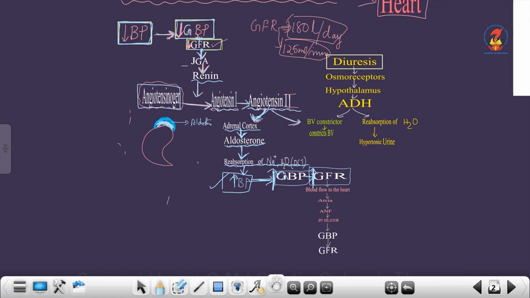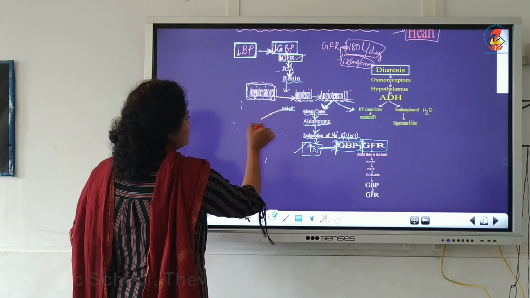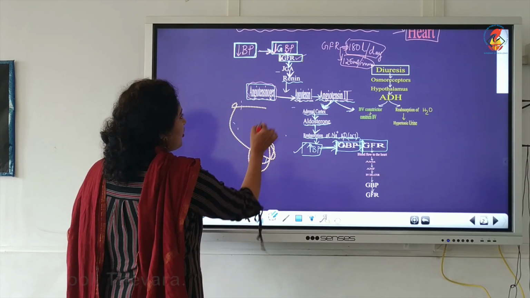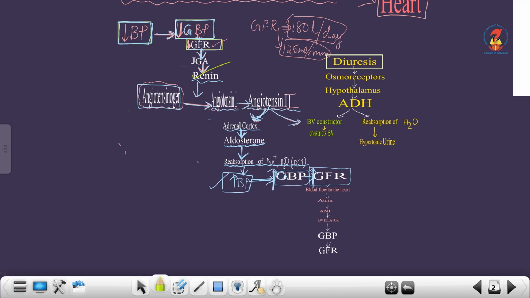So, I am going to continue further with pink color, which indicates the role of the heart. So, now this mechanism, so far what I took, which deals with the role of renin, if I highlight it with another color, here we see the role of renin and angiotensin. This mechanism is called the renin-angiotensin mechanism.